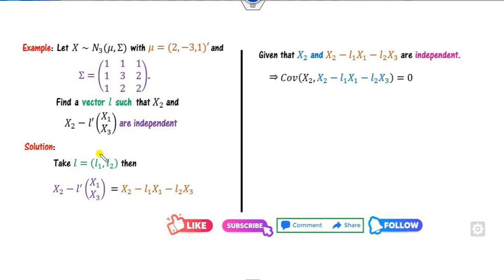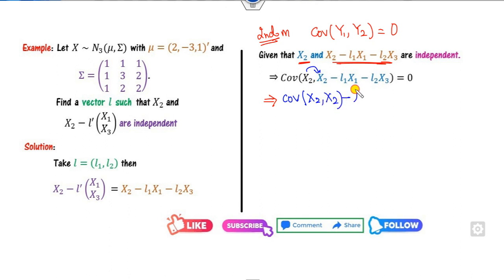Second method, I can apply the covariance. That means the covariance of y1 and y2 should be 0. This is y1, this is y2. I can open this bracket: covariance of x2 comma x2 minus L1 covariance of x2 comma x1 minus L2 covariance of x2 comma x3.